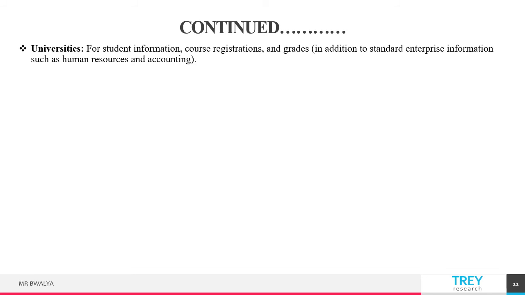Course registration. So the course registration, basically this is supposed to contain the courses that a student is supposed to be taking, and grades. So grades in addition to standard enterprise information such as human resources and accounting.